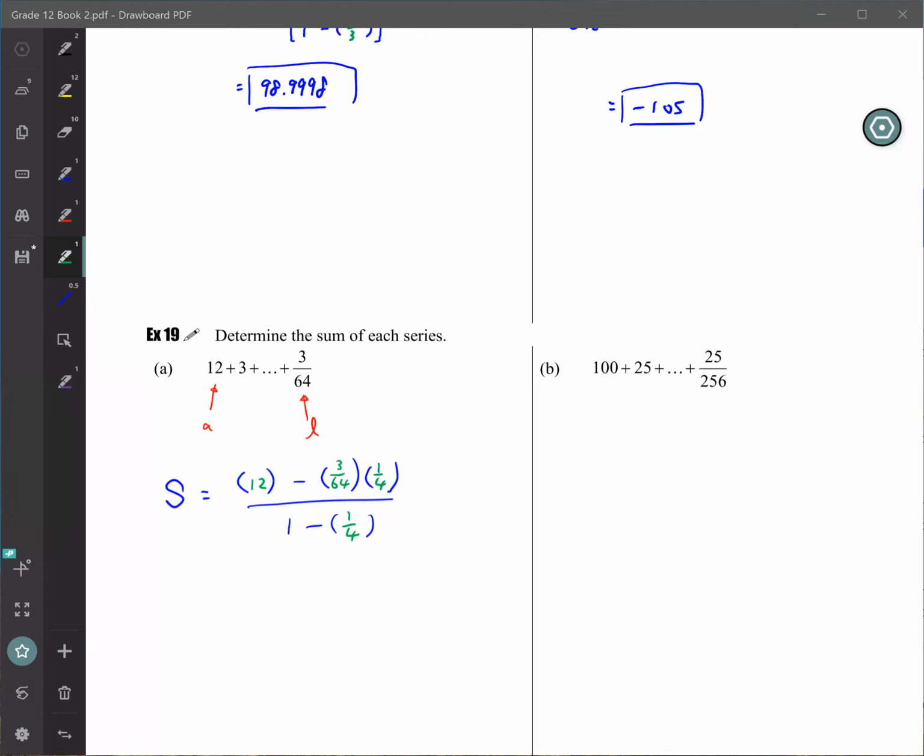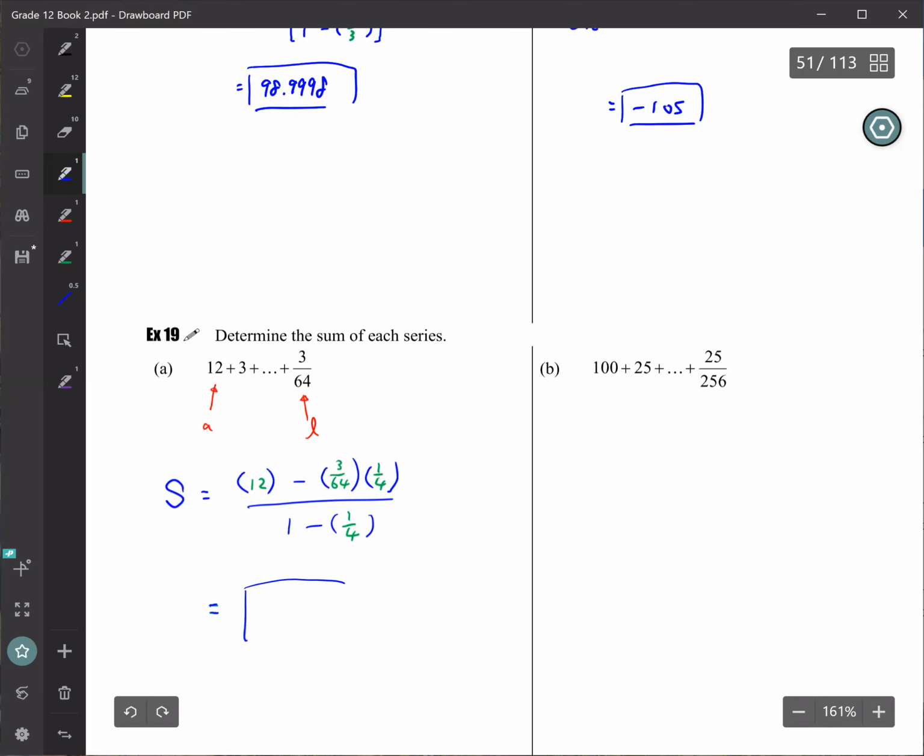Leave it as something over something, improper fractions. No decimals. This one is not too many terms.